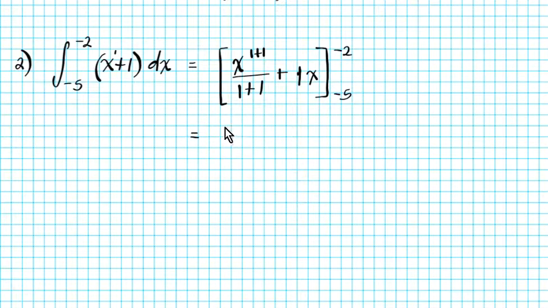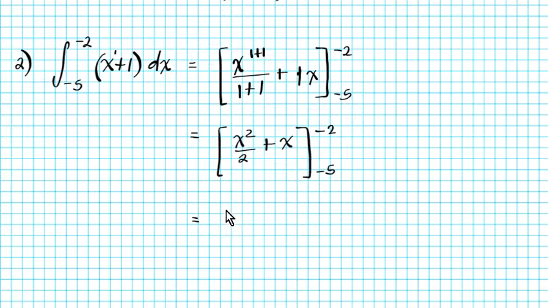If we simplify, we're going to have x squared over 2 plus x evaluated at the upper limit minus that evaluated at the lower limit. And then we're going to go ahead and substitute.